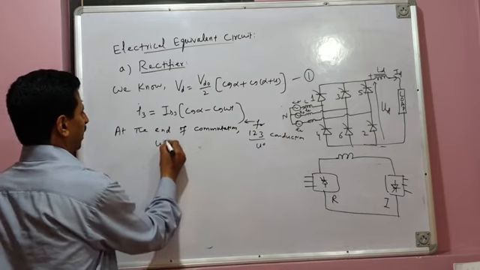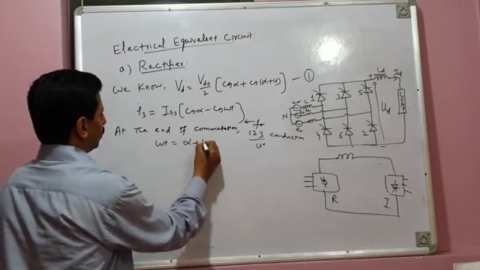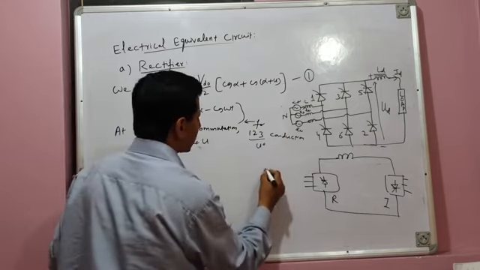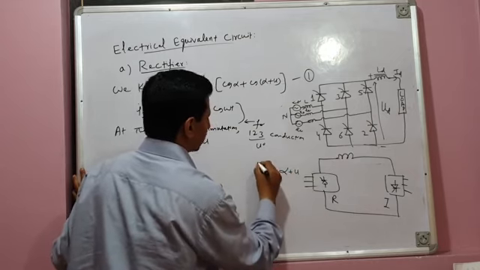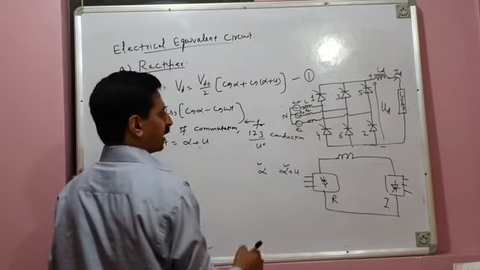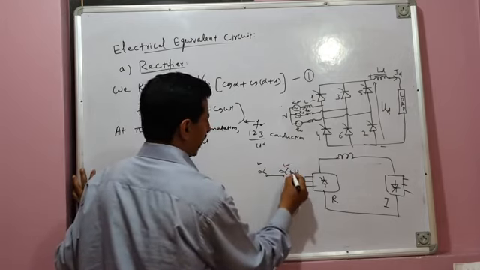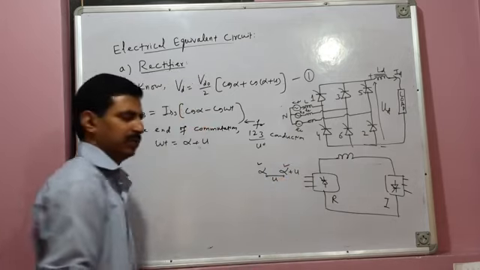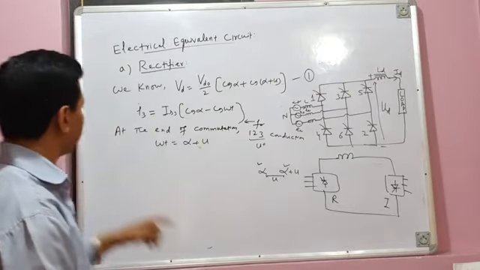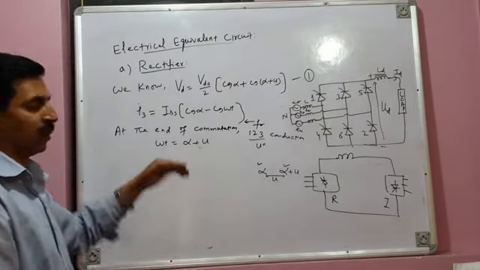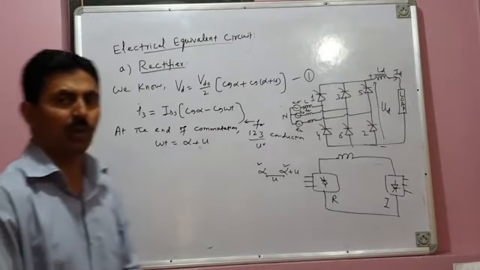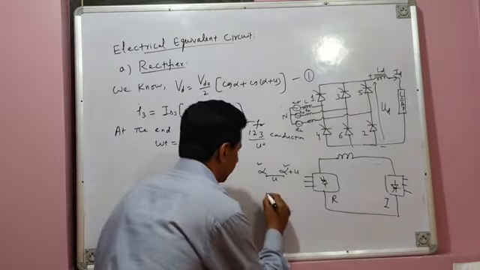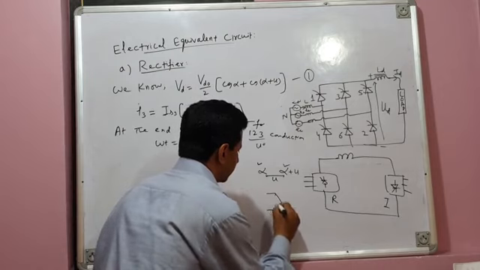So omega t is equal to alpha plus U, because if commutation starts from alpha, it lasts from alpha to alpha plus U. It has started from alpha, it ends at alpha plus U. Total angle is alpha plus U minus alpha, that is U, that is the overlap angle. So at the end of commutation, when commutation overlap is over, that is omega t equal to alpha plus U, what is your valve current? Let me draw it again for your reference.